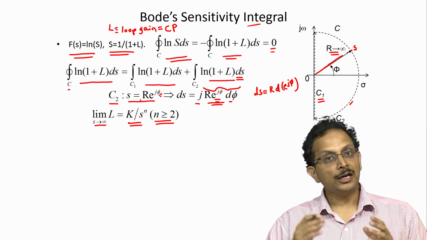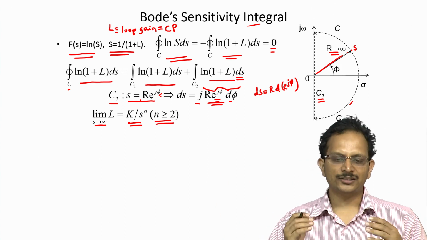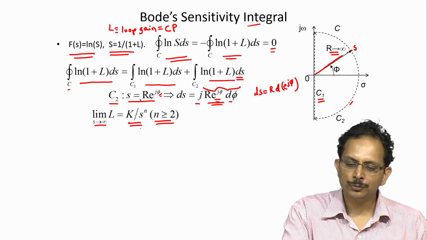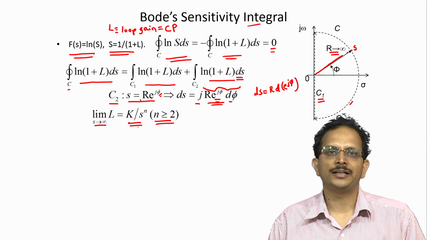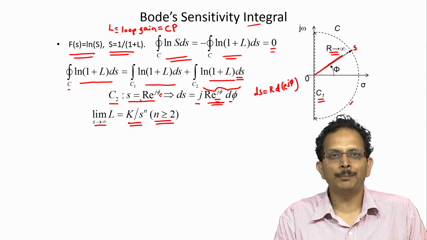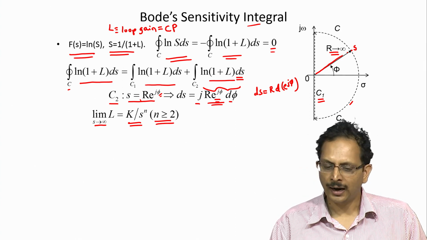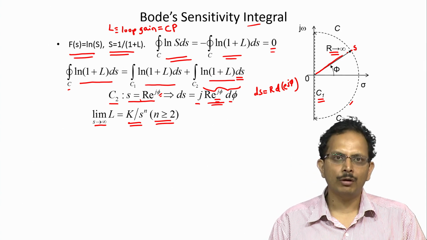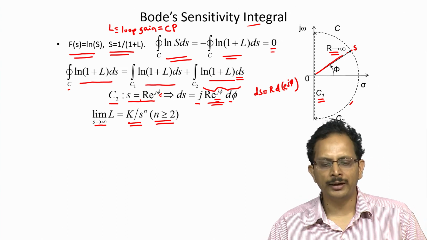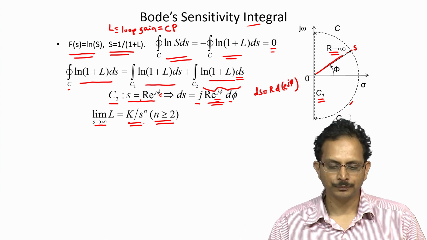So, the loop gain at very large frequencies is going to be a very small number firstly, and secondly it would be decaying as a function of s in this particular manner, in the form k by s power n. This can be easily verified by taking any specific example of a transfer function that represents the loop gain and tending s to infinity. We will note that the effect of all the poles and zeros will go away, and we would have L going to 0 in this particular manner as s tends to infinity.